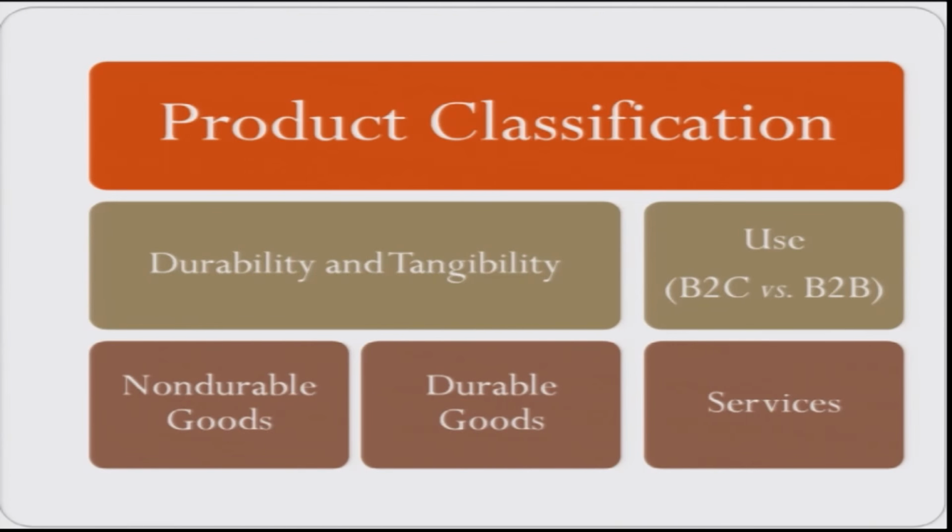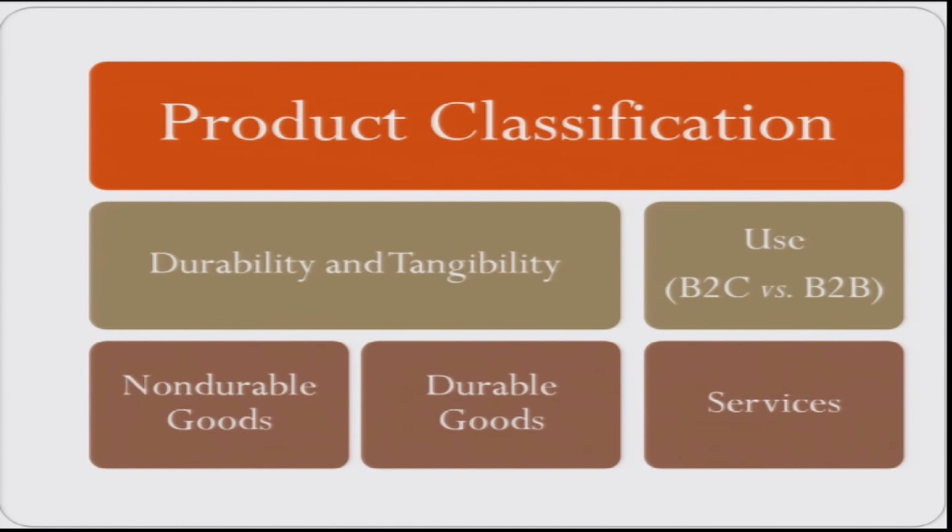In this product, we also have to understand there are different types of product classification. So, there are different ways of classifying the product. One way of classifying the product is based on its durability and tangibility. So, based on durability and tangibility, you can classify the products into 3 different types: non-durable goods, durable goods, and services.